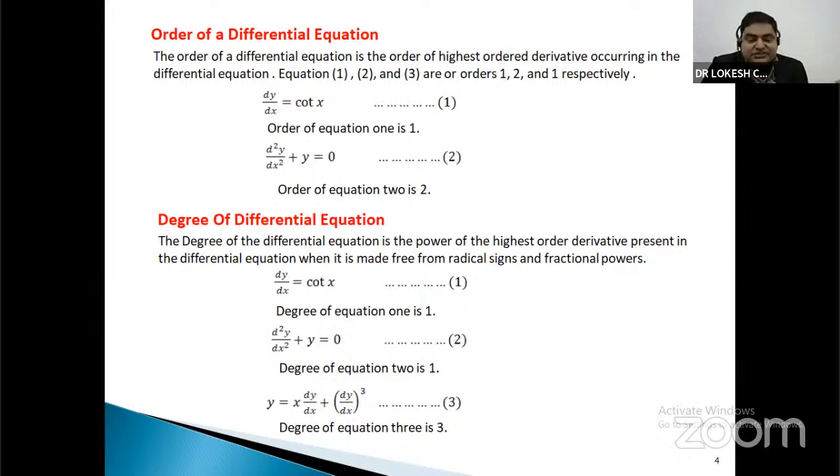Here the highest order derivative is dy/dx, which occurs 2 times in the equation. The first time it is multiplied by x, and the second time it is (dy/dx) whole cube. Then (dy/dx) whole cube means the power of the highest order derivative is 3. So the degree of equation 3 is 3.